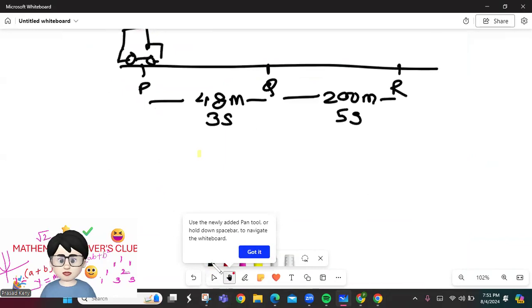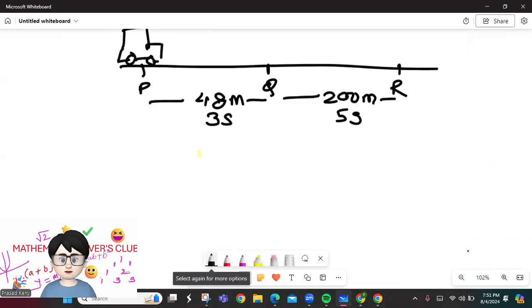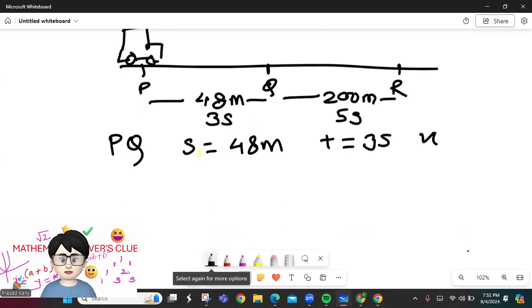So what I've done is, for the journey from P to Q, s is 48 meter, t is 3 seconds. So let the initial velocity be u, that we have to find out, and acceleration a, that is also what we have to find out.